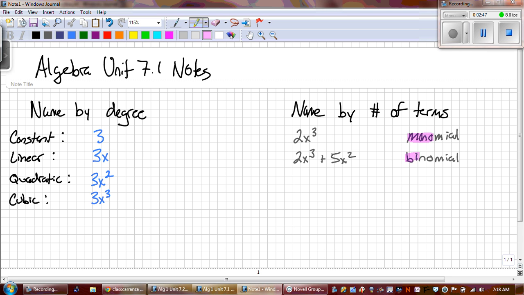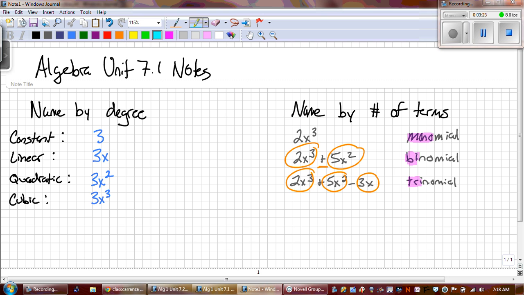Bi means 2. Each term is separated by addition or subtraction. Our next one could look like this. This would be called a trinomial. Once again, root words, tri means 3. 1, 2, 3.